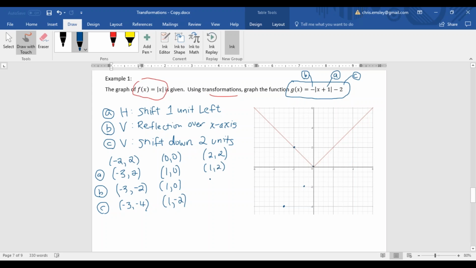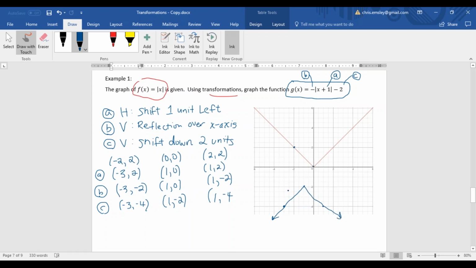So it's going to jump down to 1, -2. And step 3, shift it down by 2 units. So that means it's going to become 1, -4. And because we know the shape of our original graph, those 3 points give us enough guideline to draw our new transformed graph.